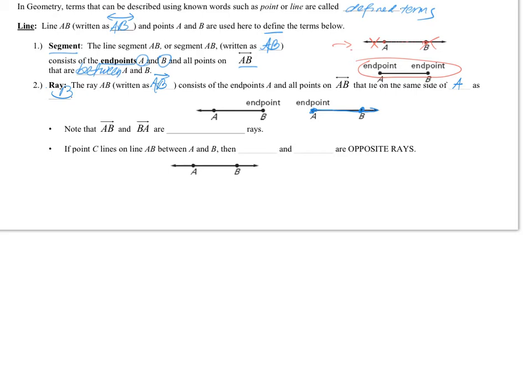And note that ray AB and BA are different rays because they have different endpoints.